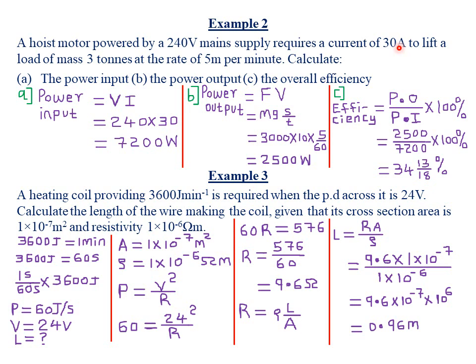We look for a formula of power that utilizes voltage and current. From our previous slide, we have just said that power can be given by the product of voltage and the current being supplied.